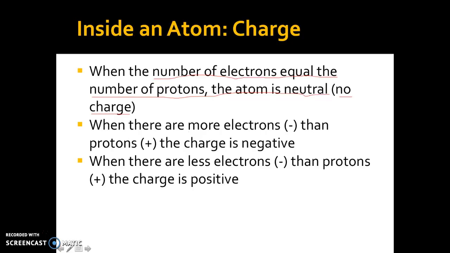When there are more electrons, and electrons are negative, than there are protons, then the charge is negative because there's more negatives. When there are fewer electrons than protons, then the charge is positive because the protons take over. So the protons make the entire atom's charge positive. If there are more electrons, it makes the entire atom's charge negative. Stop, rewind if you need to.